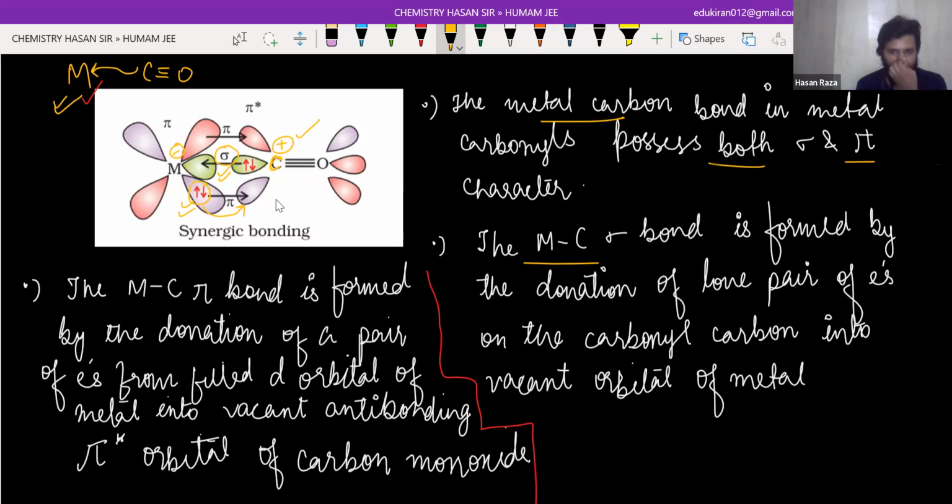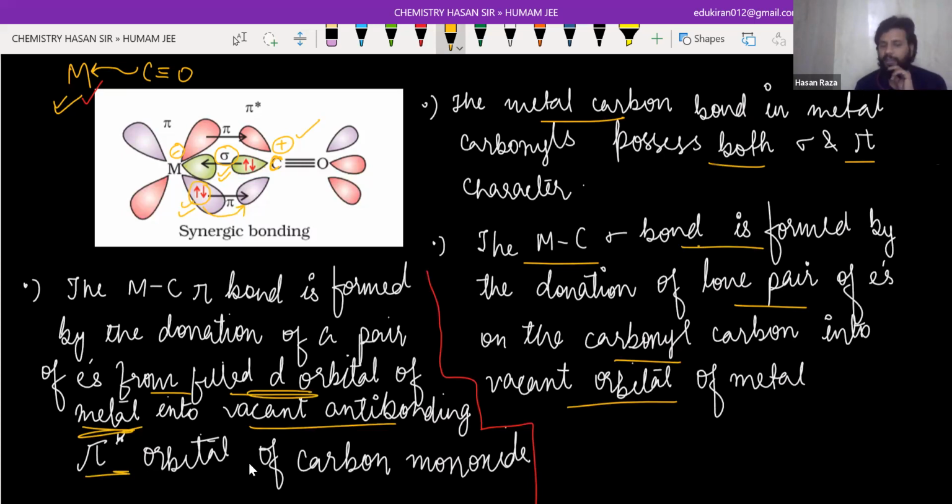Okay, so this is what I have written. M-C sigma bond is formed by the donation of lone pair of electrons on the carbonyl carbon into vacant d orbital of metal, and M-C pi bond is formed by the donation of a pair of electrons from filled d orbital of metal into vacant anti-bonding pi star orbital of carbon monoxide, that means this carbonyl group.